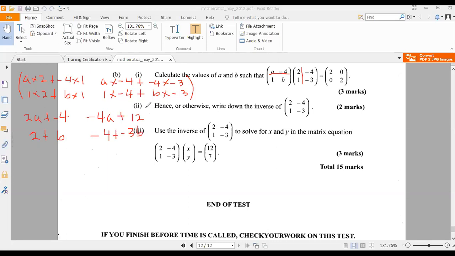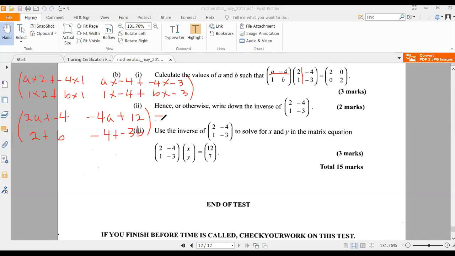Okay. So this is what we get when we multiply. Are you following that? 2A plus -4, -4A plus 12, 2 plus B, and -4 plus -3B.